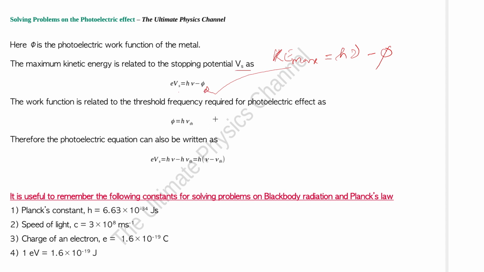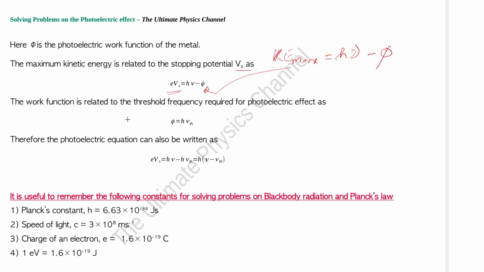So we understand that KE max can be replaced by the term e times Vs, where e is the electric charge and Vs is the stopping potential. That is the potential that stops even the most energetic photoelectron from reaching the anode.